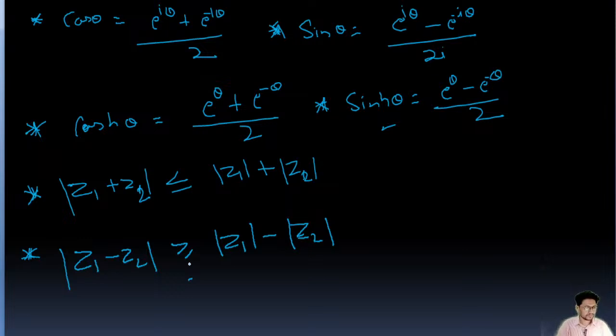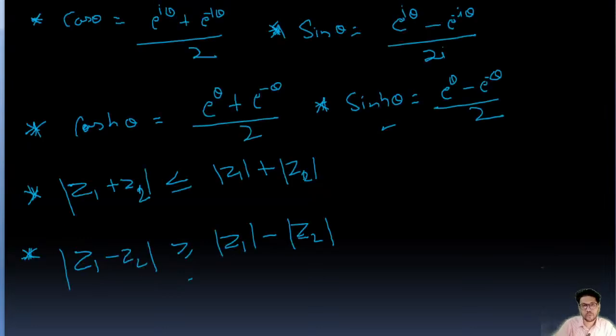Next property, mod of z1 upon z2, we can write it separately.